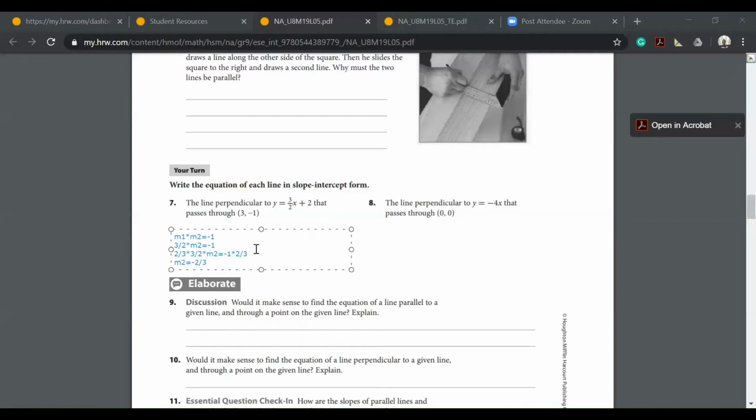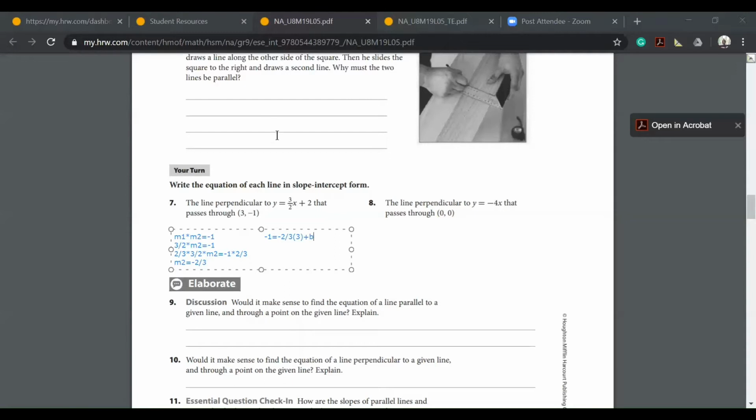Now I'm going to use it to find the equation. Again y equal to mx plus b, and then use this point to substitute. This is y and this is x. So negative 1 equal to negative 2 over 3, which is the slope we just got, multiply 3 plus b.